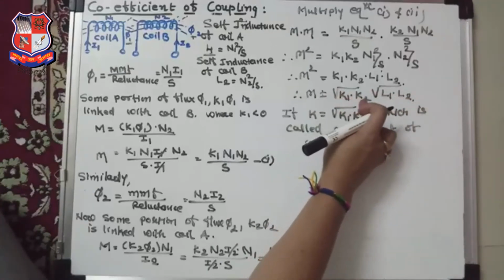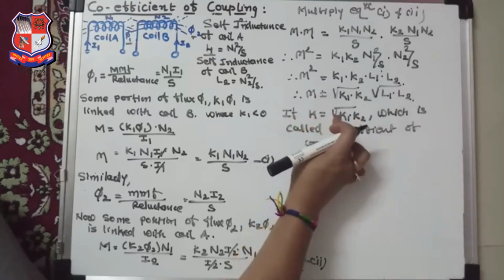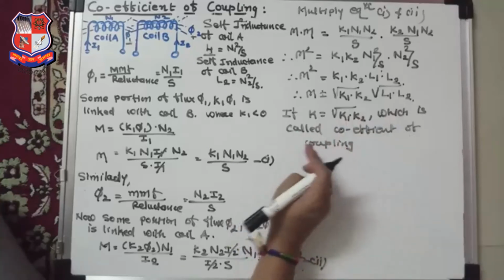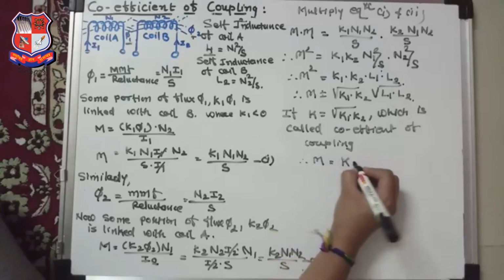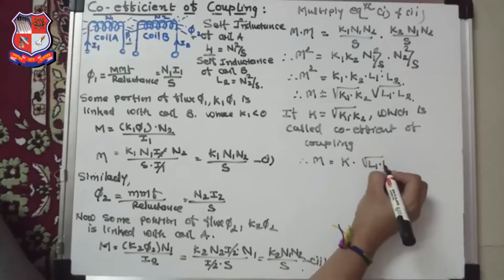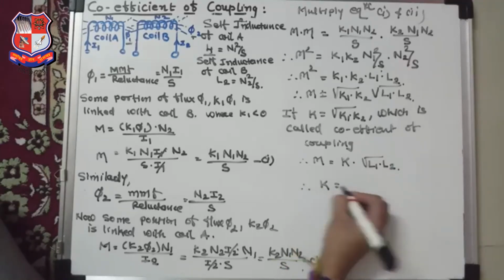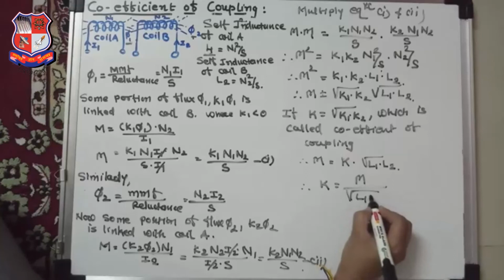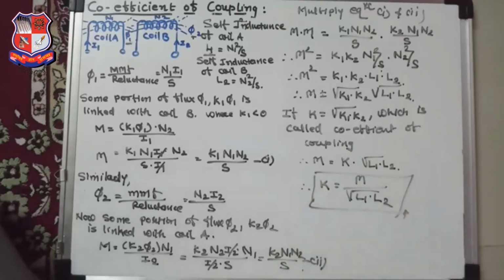If we assume K is equal to root of K1 K2, then K is called the coefficient of coupling. So M is equal to K into root of L1 L2. Finally you get K is equal to M upon root of L1 into L2, which is the coefficient of coupling.